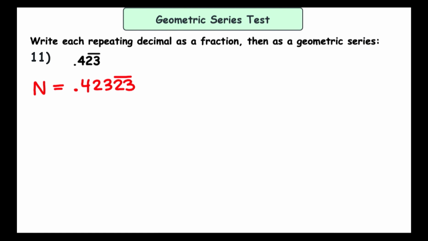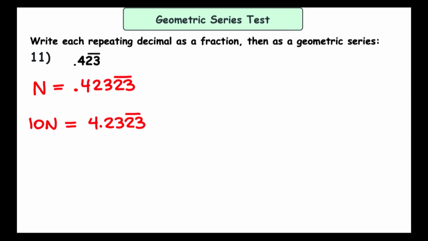All right, if that's n, then what would 10n be? And the answer is, well, it would be 4.232323. The reason I multiplied by 10 is I wanted the 4 to be on the other side of the decimal point. Now, again, since this pattern repeats by 2's, I'm going to throw 2 more zeros into the mix.